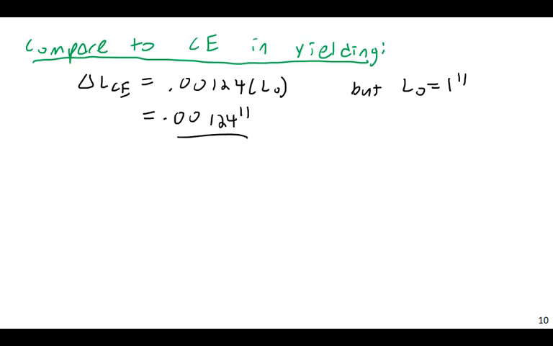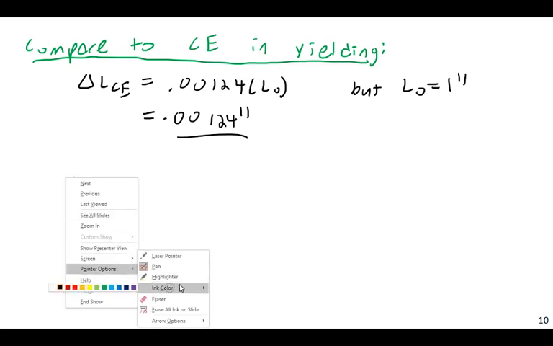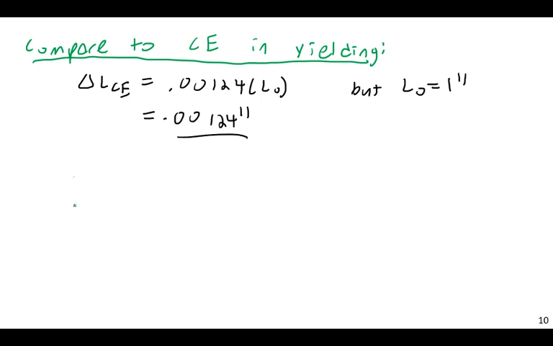Okay. So next, I want to look at the next limit state, which is going to be tension member fracture. Well, I guess I'll do this on the next slide.